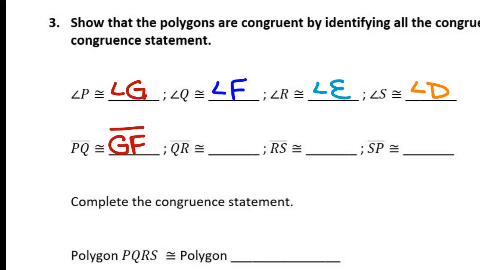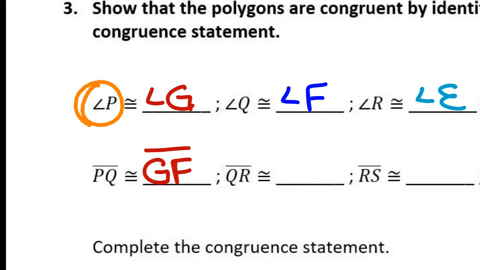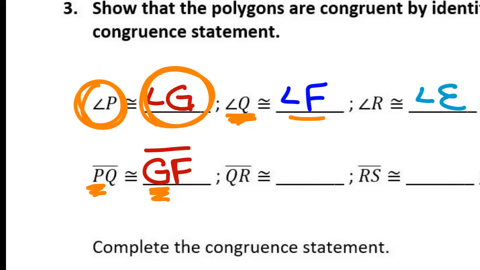One of the things I want you guys to notice, here we said P and G were congruent. Here's P and here's G. We said that Q and F were congruent. Q and F. So when I look at my sides, it still has the same congruences that I see up here when I'm talking about my angles.